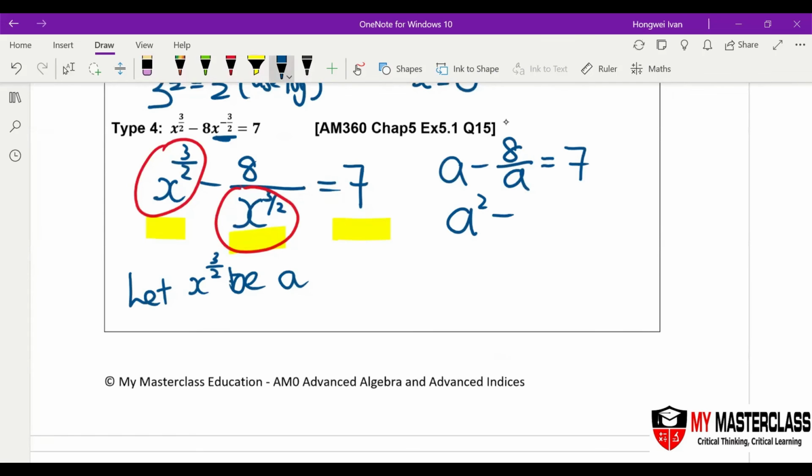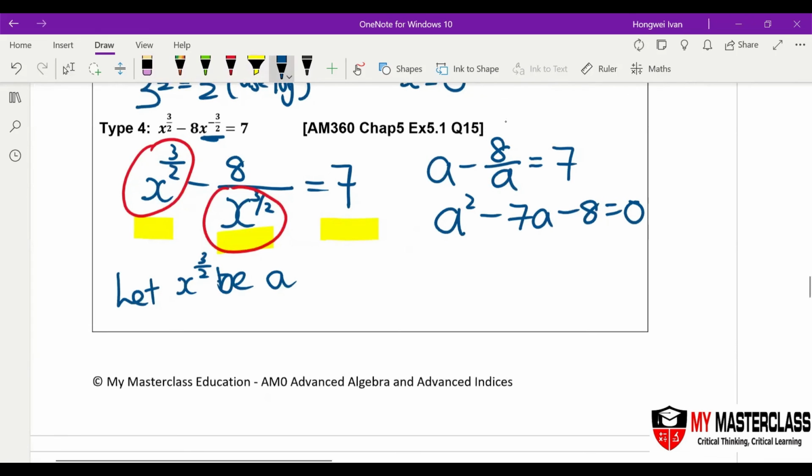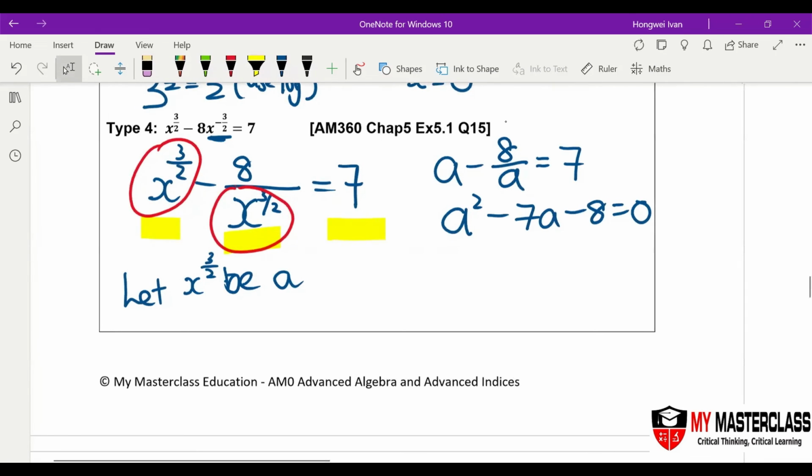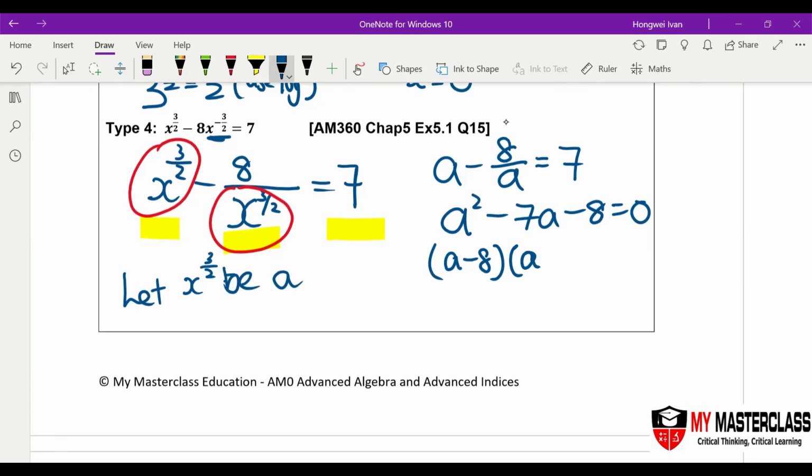A square minus 7A minus 8 equals 0. Easy one, try to do it like that.